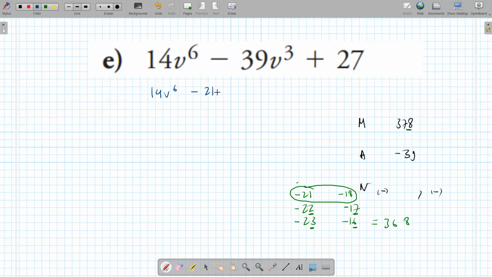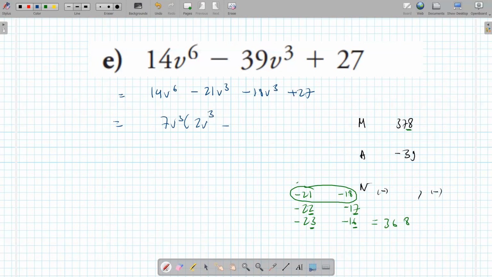So negative 21v squared minus negative v cubed, sorry, not squared, 27. What can we pull out from the first two terms? 7v cubed. 7v cubed will do it. So you're left with what? 2v to the power of 3.